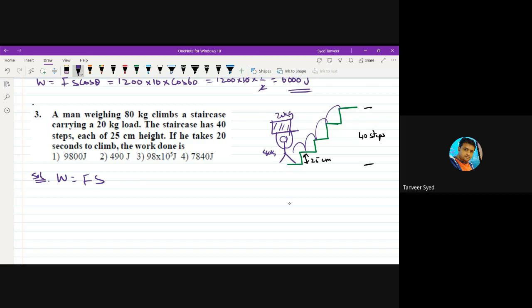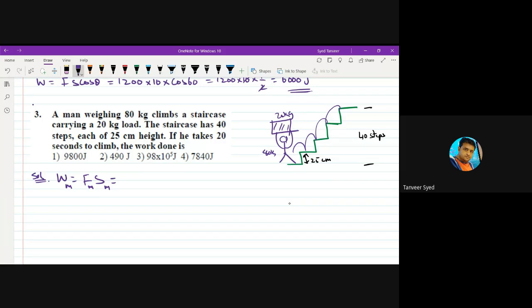Here it is mgh. What is the force applied here? First of all, work done by whom is to be calculated? Work done by man is to be calculated. So force applied by man into displacement of man.